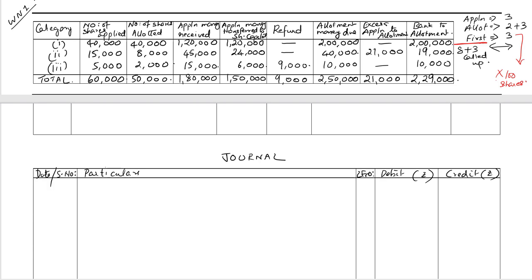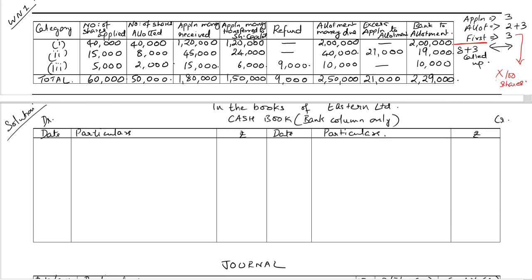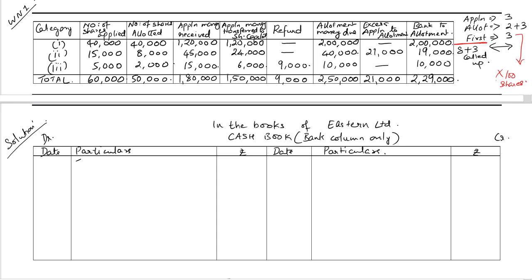The first entry is for receipt of the application money. So, to share application account, the amount is the total of the fourth column, 1,80,000 rupees. In the second entry, we will utilize the application money.